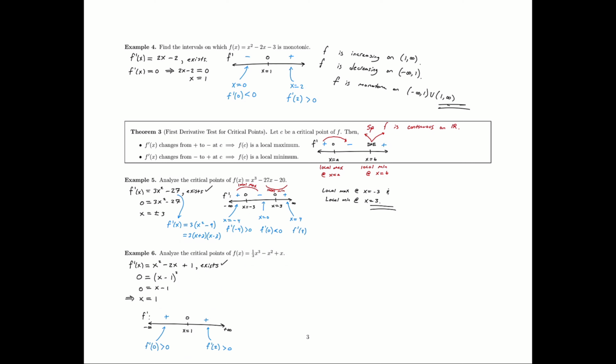So this is neither a local min or max because we go uphill, but then we continue going uphill. So this just flattens out for a minute and then continues going uphill, sort of like x cubed. And this is a cubic. Now, not every cubic does this, but it does allow for that possibility.